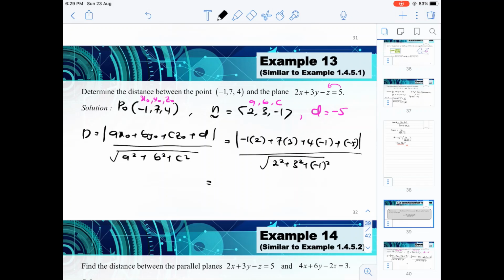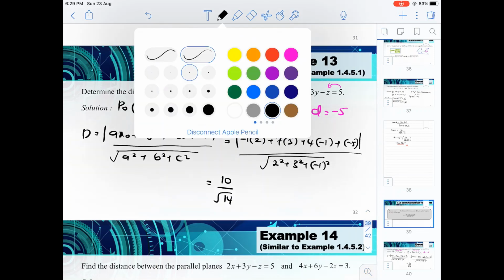So we will have negative 2 plus 21 is 19. 19 minus 4 is 15. 15 minus 5 is 10. So we have 10 over square root of 14. That's it.